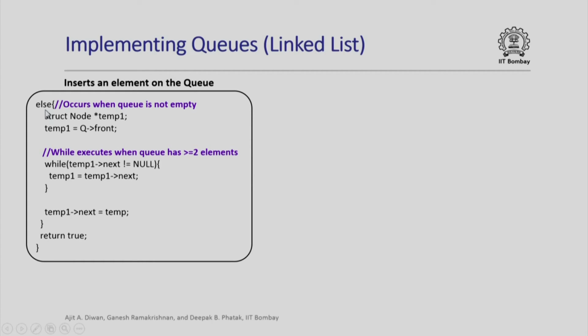Here I do not need to keep moving the elements, but I need to traverse through the linked list to find out where is the last element in the queue and then insert a new node just behind it. So, look at how we do that. I will need an additional variable which I am calling temp1, which will temporarily hold the address of any node.